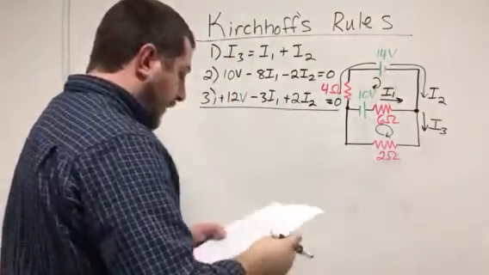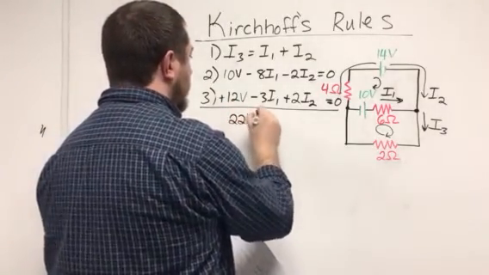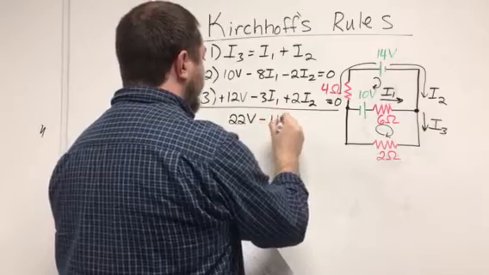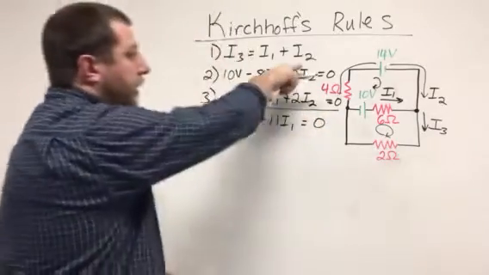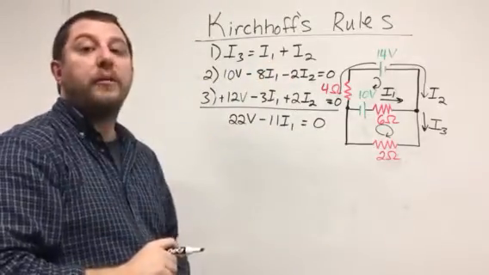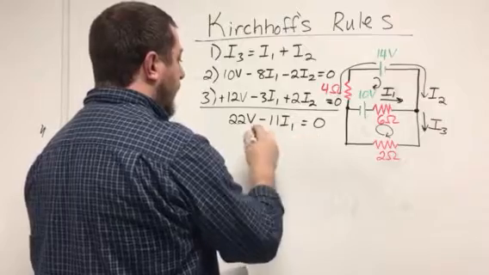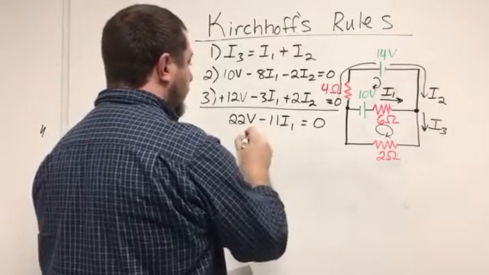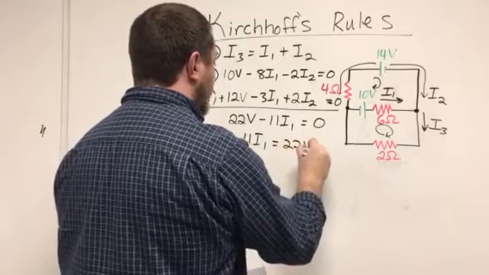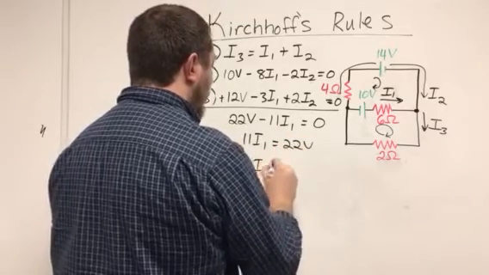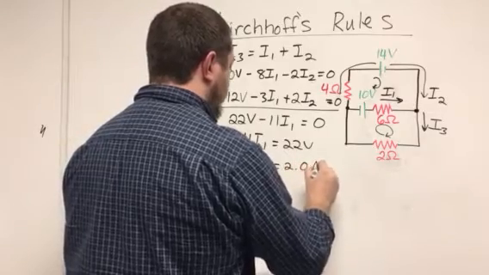And if I add equations 2 and 3, then I'm going to get 22 volts minus 11I1 is equal to 0 because my 2I2 terms cancel out. And so if I solve this for I1, I'm going to find that 11I1 is equal to 22 volts, and therefore I1 is equal to 2 amps.